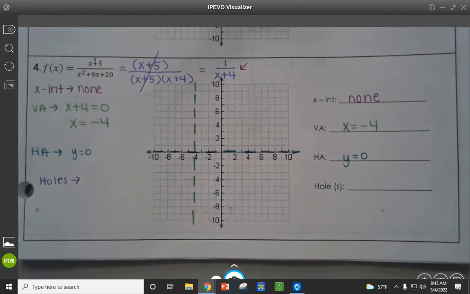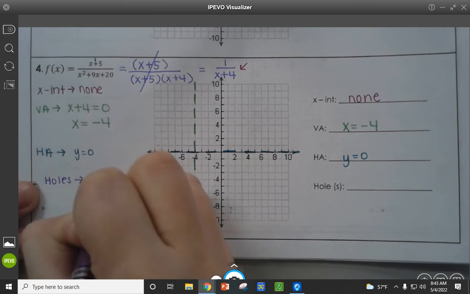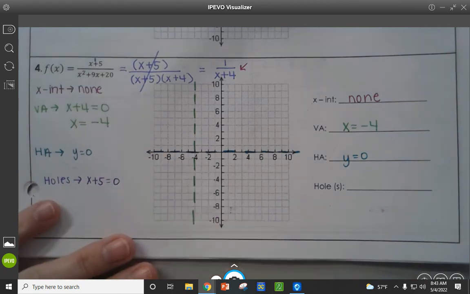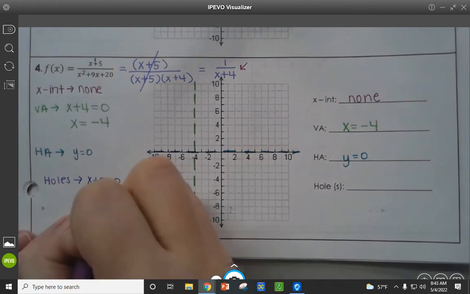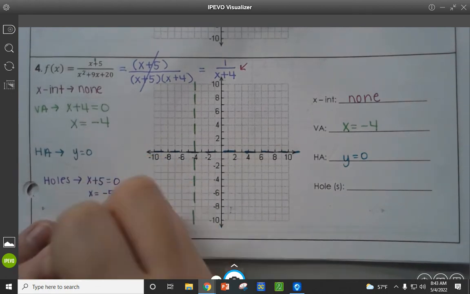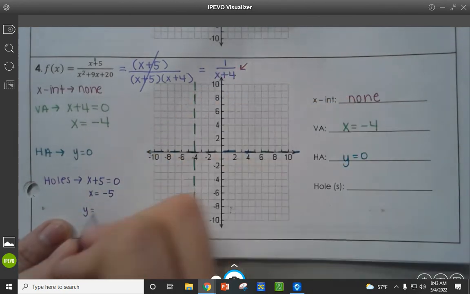And then we do the holes. Did we have factors that canceled out? Yes, the x plus 5s canceled. So that's a hole. So first we set the x plus 5 equal to 0, and we get x equals what? -5. And then for the y, we're going to plug it back in here.